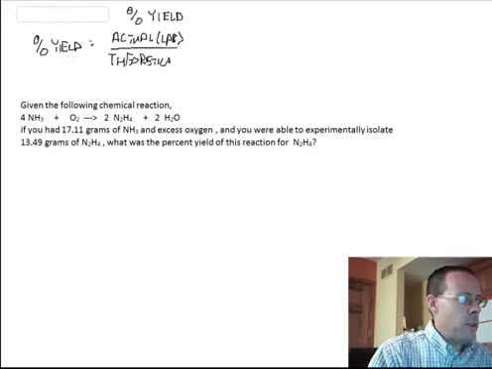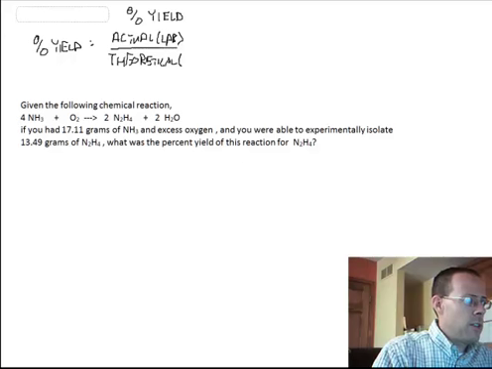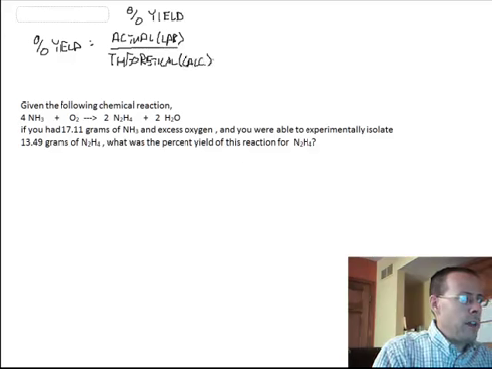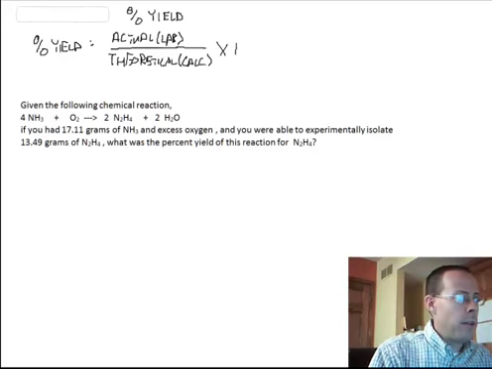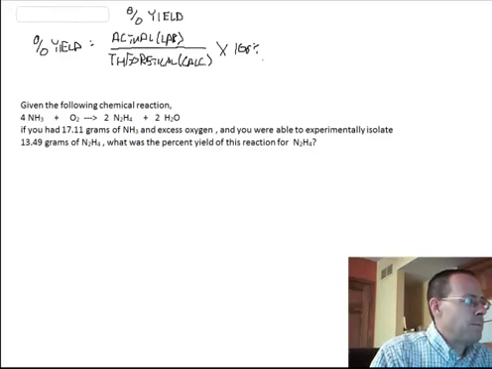And theoretical is what you calculate on paper. This is what you do using stoichiometry, so this is calculated as opposed to lab. You divide these two values, and then you're going to get some decimal number, and multiply it by 100 to get percentage. Okay? So we're going to go with an example.